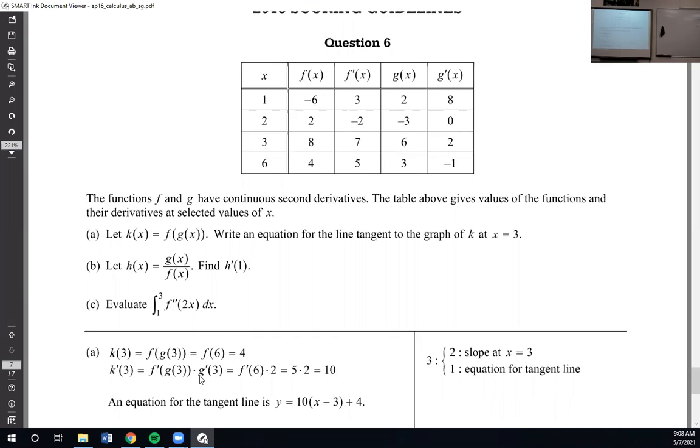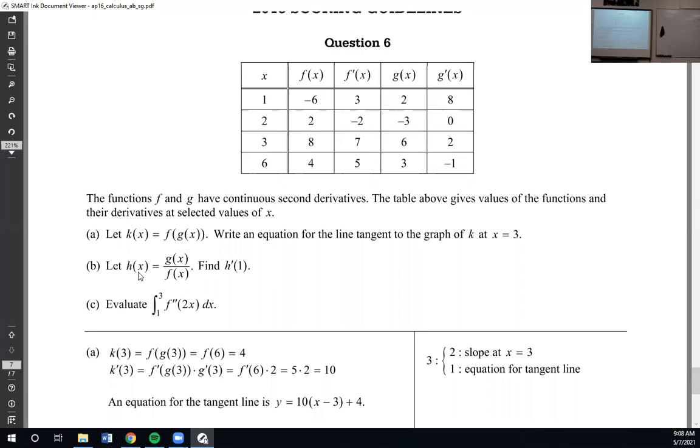F prime of g of 3 times g prime of 3. Plug all that in. We're using the table to figure out what these values are, and we get out 10 for the slope. And k of 3, that's f of g of 3, so g of 3 is 6, so f of 6 is 4. So those are the values we put in our equation of the tangent line.